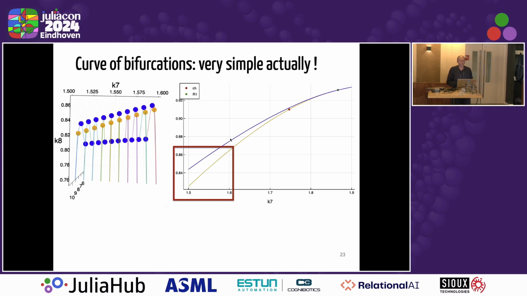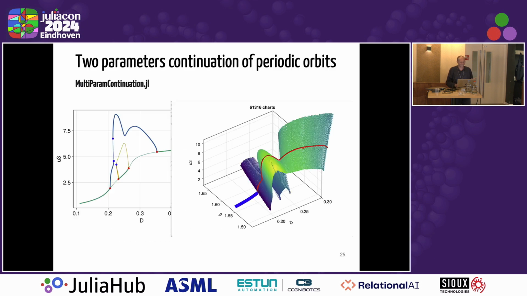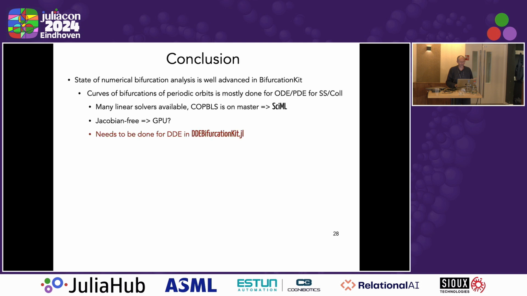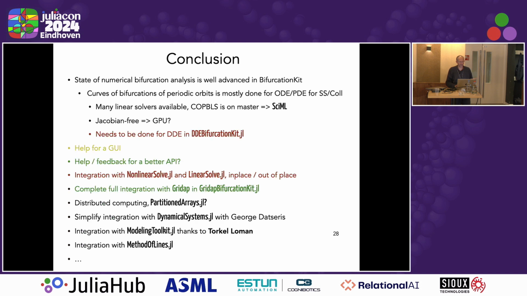Thanks a lot for the talk. I have a question about the very last part. What about difference equations? You mean discrete time dynamics? Yes. There's a beginning of it in the code. It's a bit hidden because to compute normal form and bifurcation in the shooting case, it's basically a Poincaré return map.